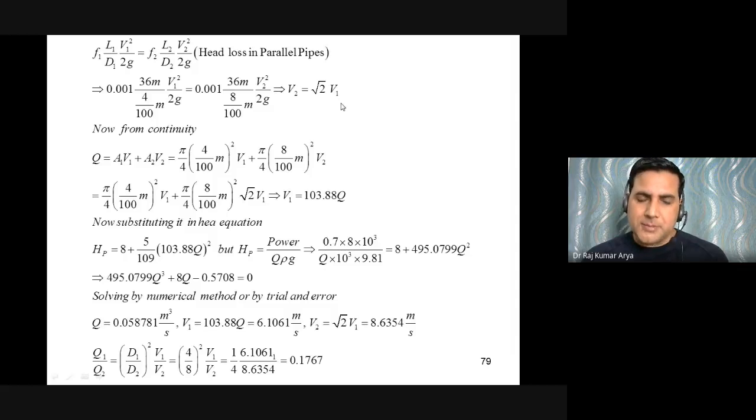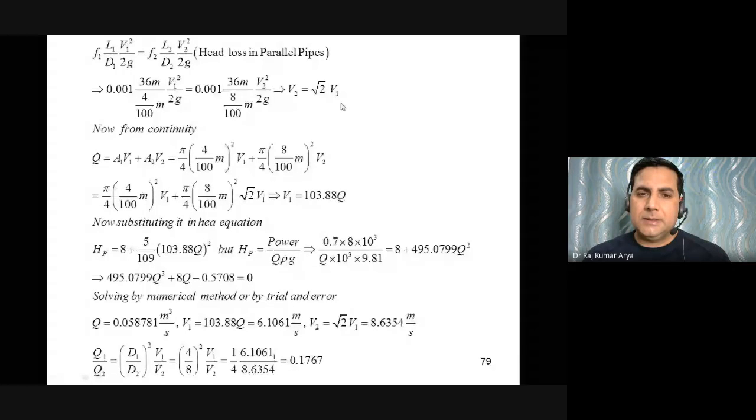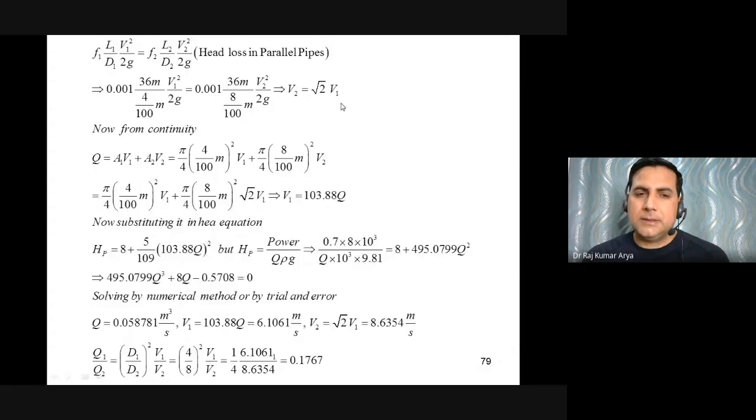Do it at the same time with me. So you got this V2 equal to root 2 of V1.